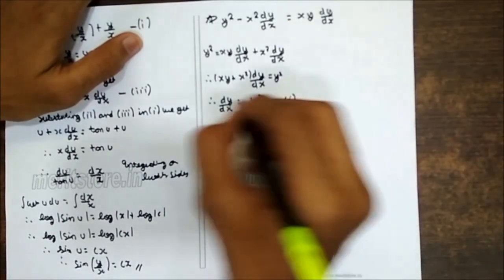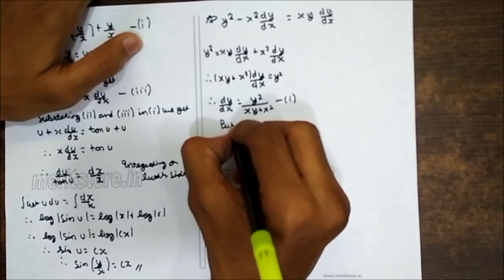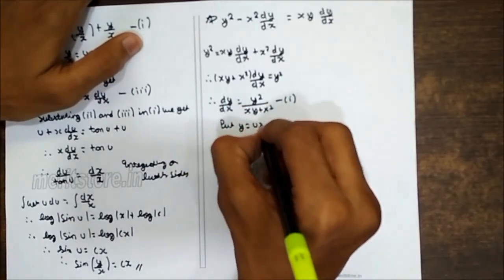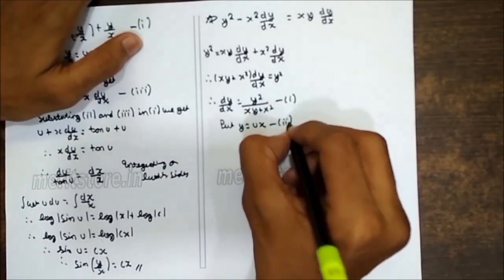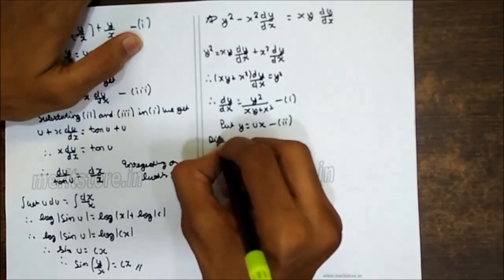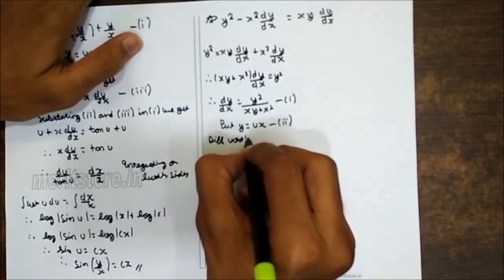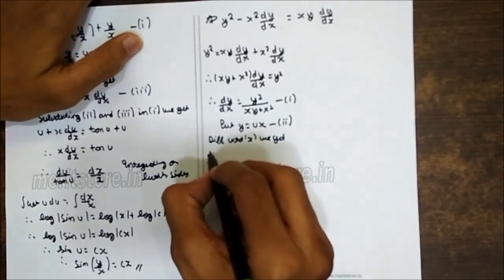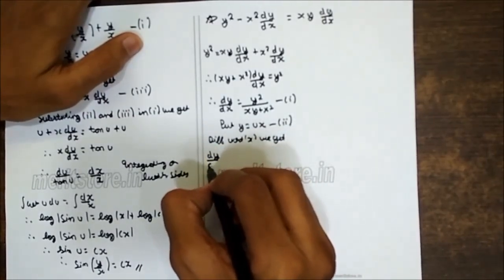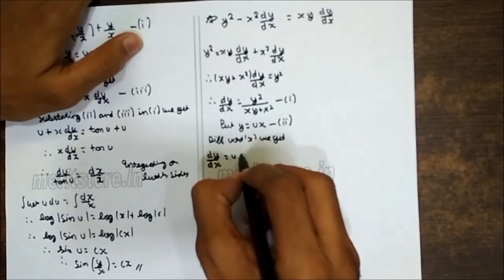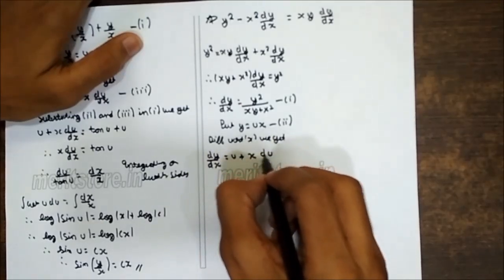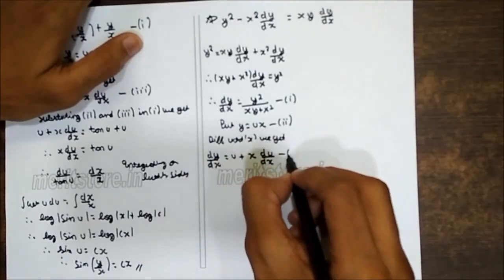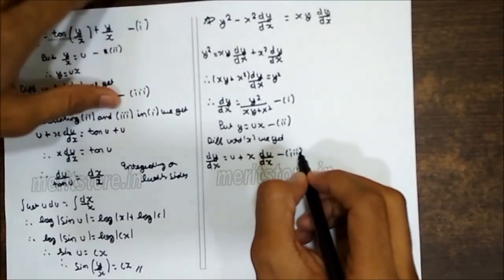Name this as equation 1. Put y is equal to ux as equation 2. Now differentiating with respect to x, we get dy by dx is equal to u plus x du by dx. Name this as equation number 3.